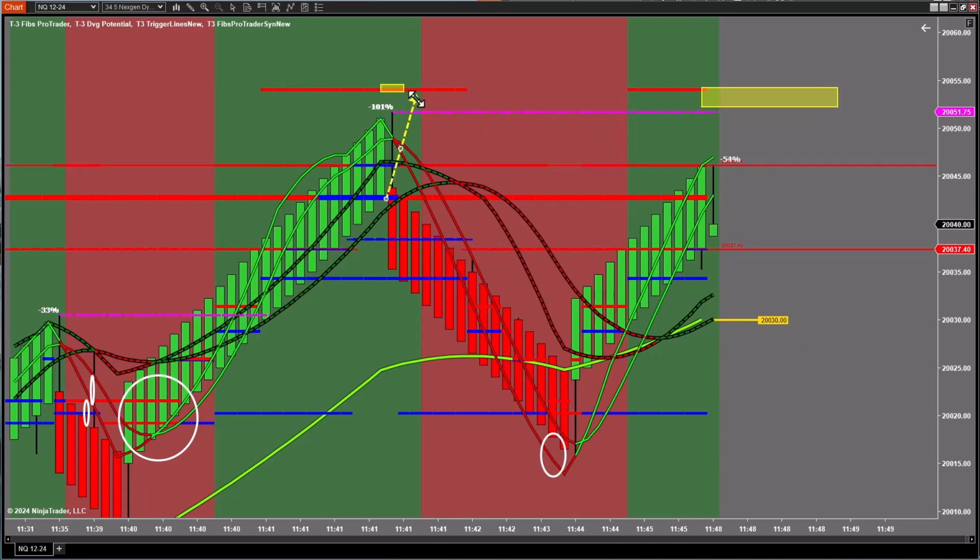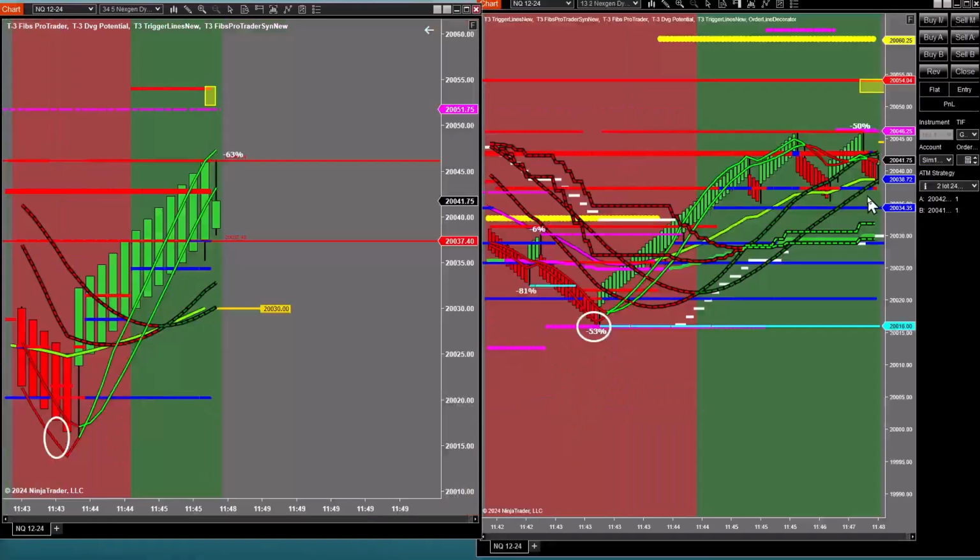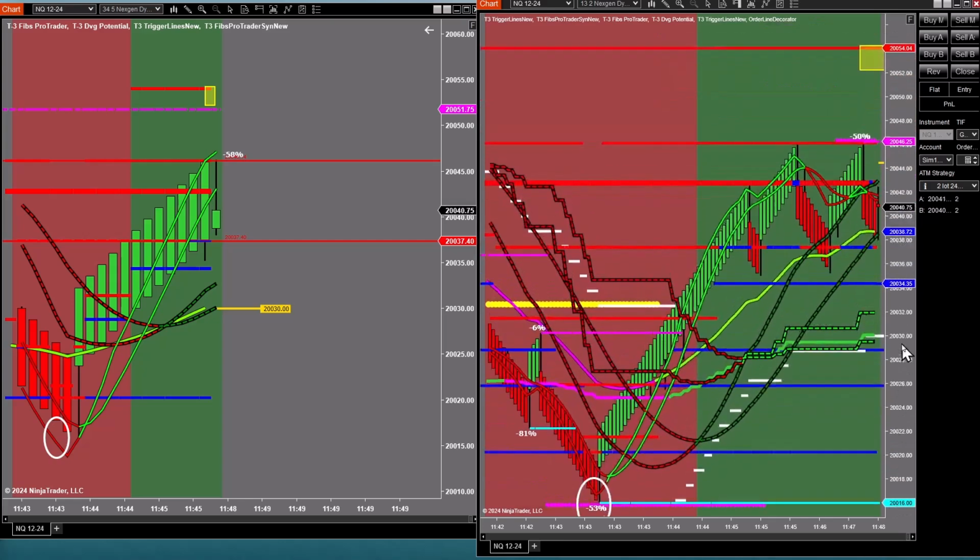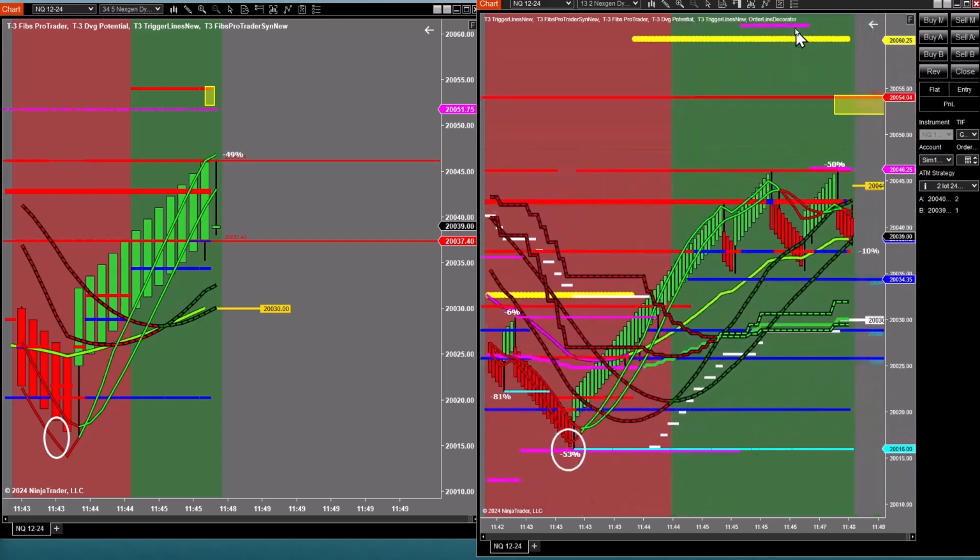Or vice versa, if we end up making a second divergence from this fib, which I don't know if we will, that would put us down here first to even make this divergence come true. So we got a long way to go before we have easy trades. And you know what? I'm okay with that.